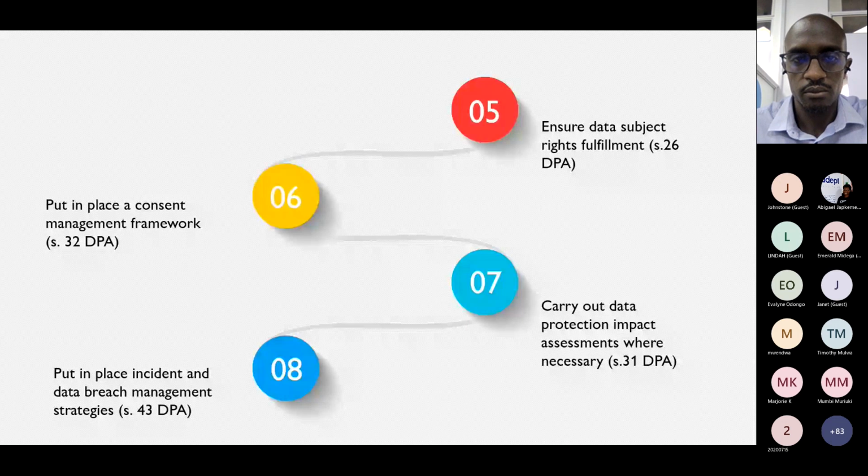So incident and data breach management strategies could be borrowed heavily from your cybersecurity strategy and your physical security strategy. You also need to distinguish between a data breach incident and a personal data breach incident, because at times there could be a breach of your systems, but you may find that no personal data has been breached.